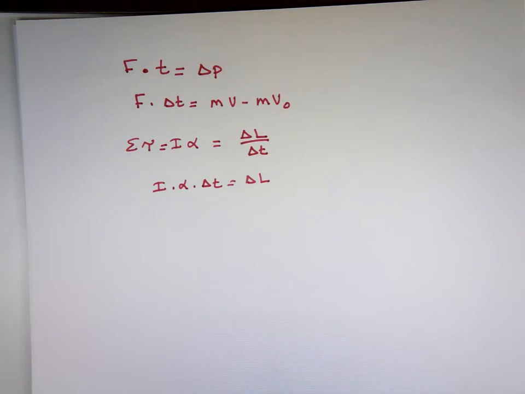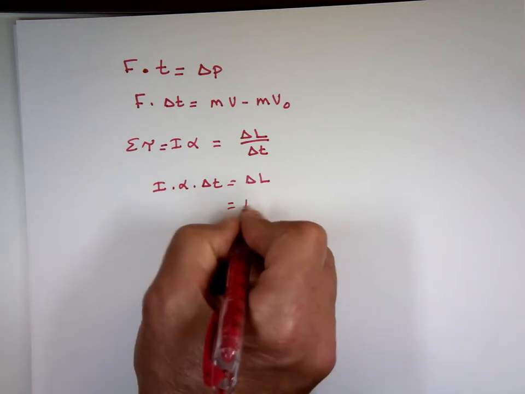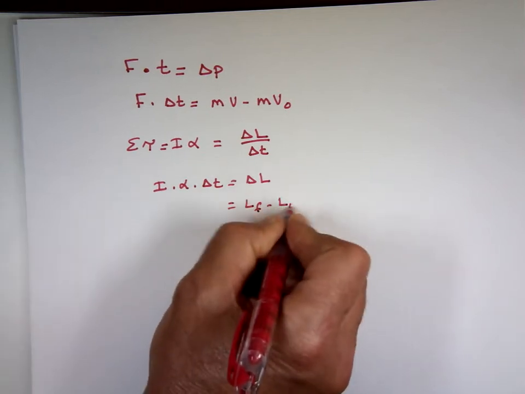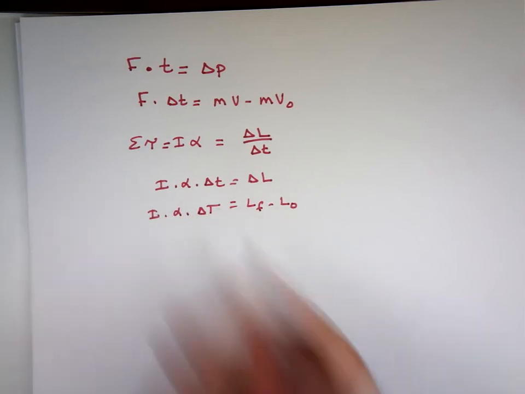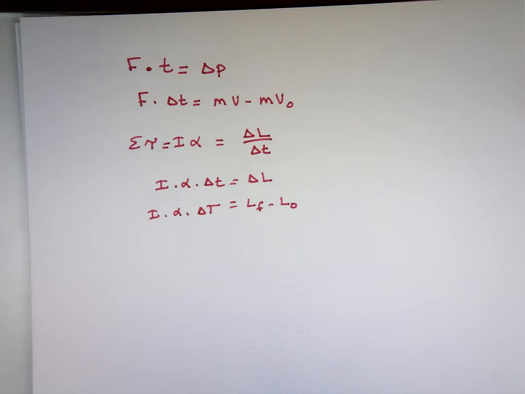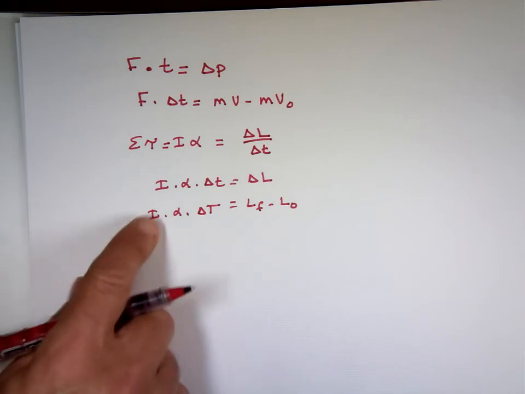And delta L means what? L final minus L initial. And what did we call I times alpha?